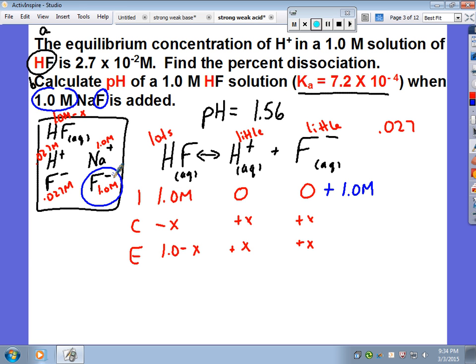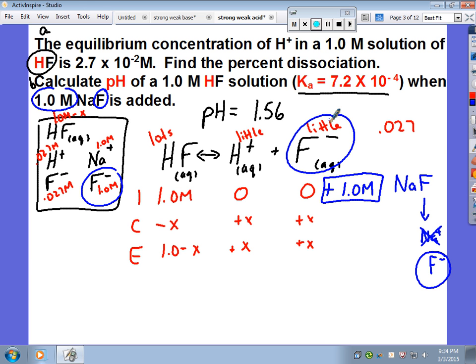So I'm going to put my 1 molar right here. This 1 molarity is coming from my sodium fluoride, which completely dissociates. I have all Na plus and all F minus. And the Na doesn't matter, because Na has nothing to do with this equation whatsoever. But my fluoride ion is my common ion. Isn't it in common here? So I need to put it in here.